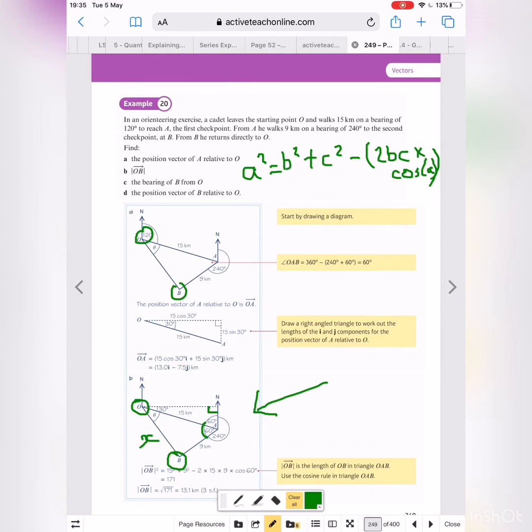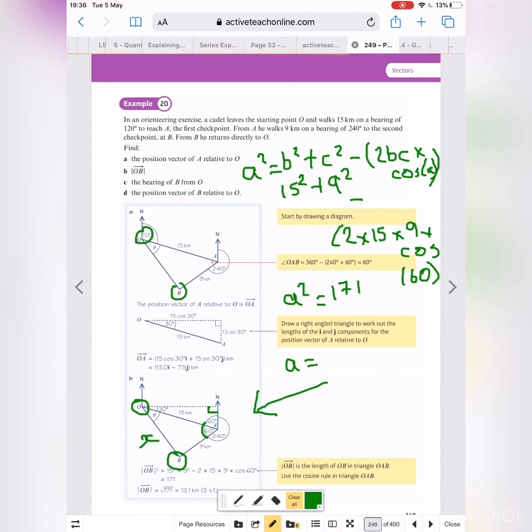So it's going to be 15 squared plus 9 squared minus 2 times 15 times 9 times cos of that 60, because remember we can work that out. And when you put that into your calculator, you get that a squared equals 171. So therefore a must equal the square root of 171.